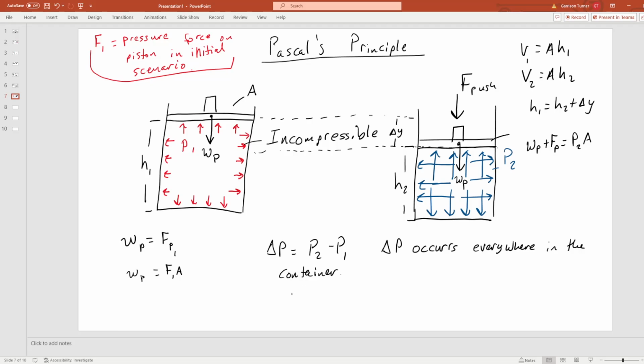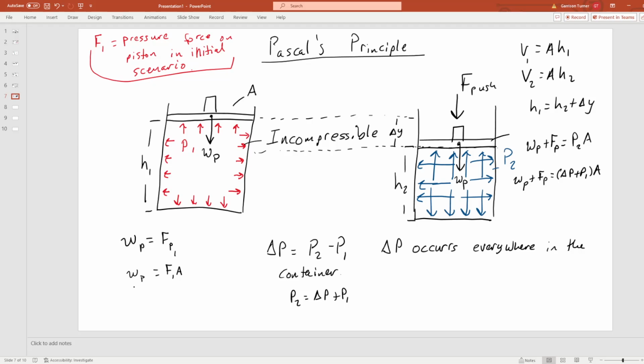But P2 is equal to delta P plus P1. So our weight plus the pushing force must equal (delta P plus P1) times A.